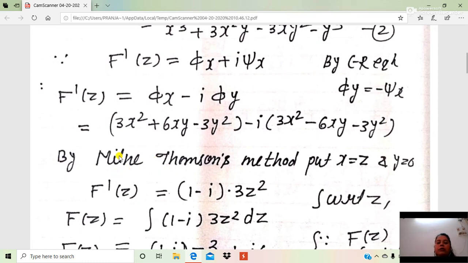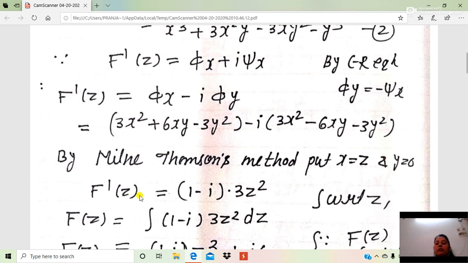You remember that we put x equal to z and y equal to 0. So we have the value of f dash z as 3z square minus i 3z square, which can be written as (1 minus i) into 3z square, which is the value of f dash z.